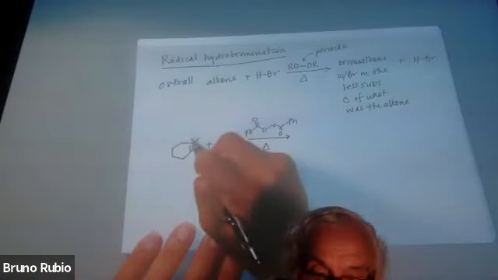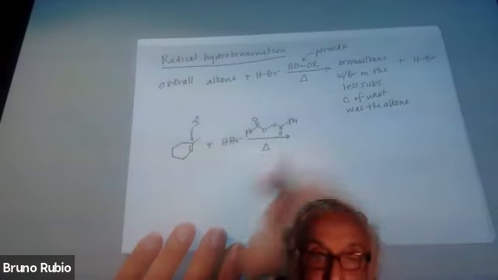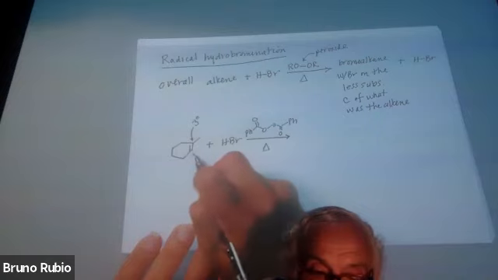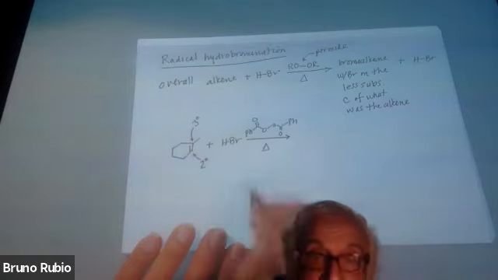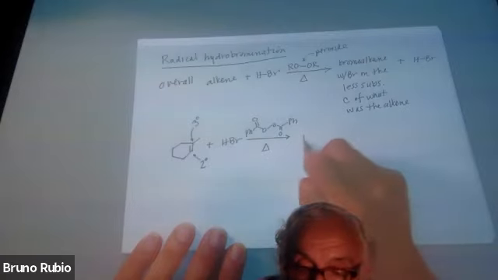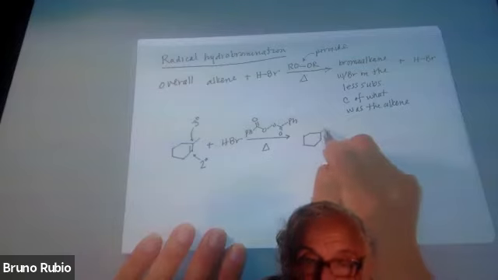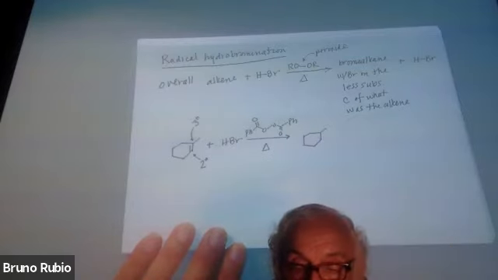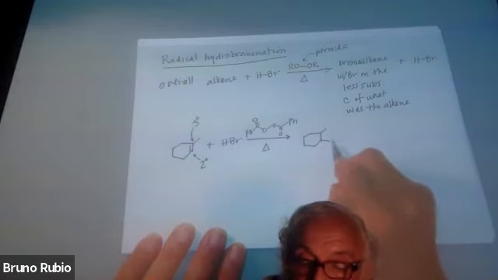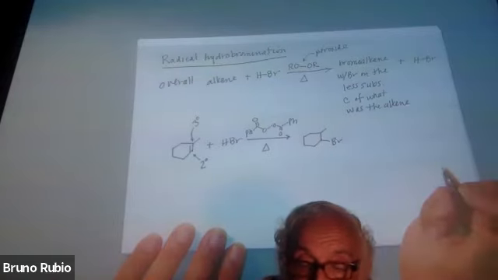So this carbon is tertiary because it's bonded to 3 other carbons. This carbon down here is secondary because it's bonded to 2 other carbons. So the product of this reaction is going to be: the double bond gets knocked out, it gets degraded to a single bond, and Br ends up on the less substituted carbon, right?